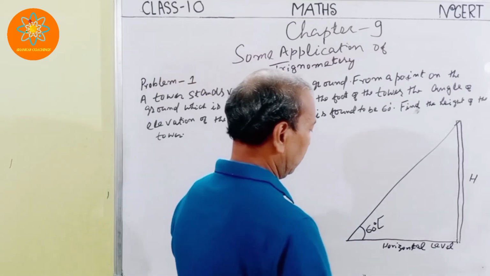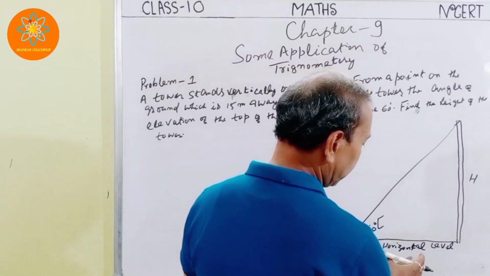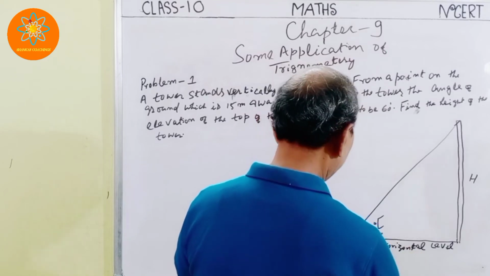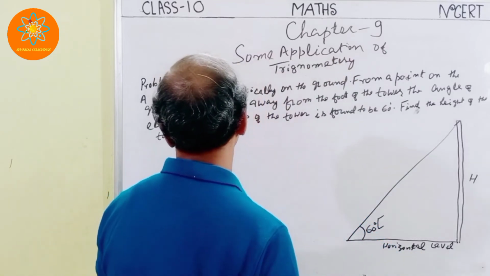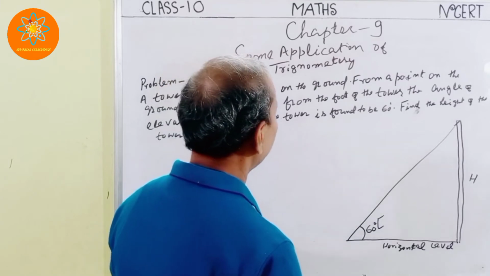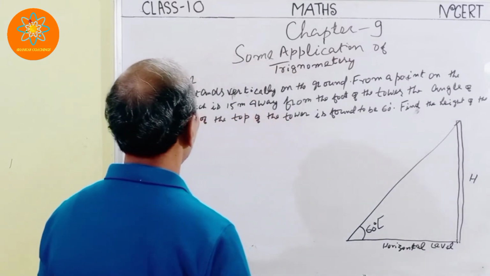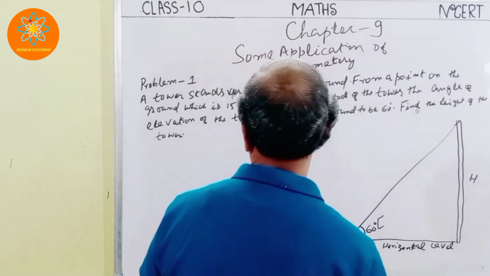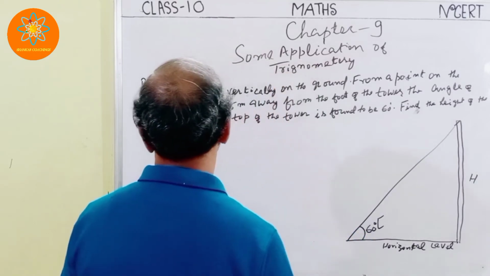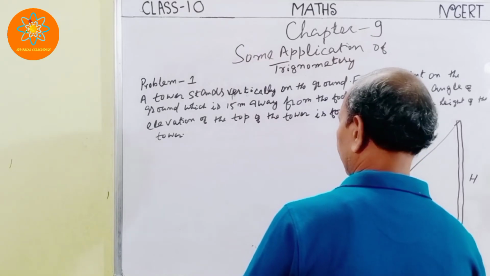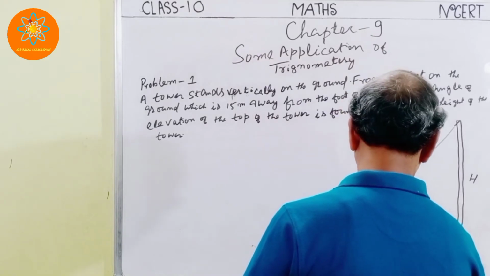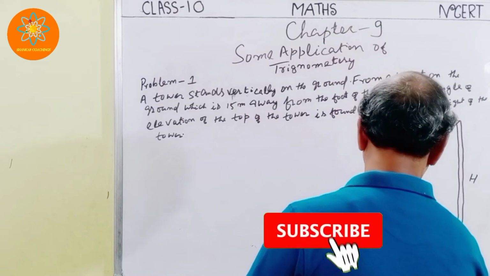Okay. So this is the horizontal level. This angle is your 60 degree, and in the question it is mentioned that this is your elevation angle.